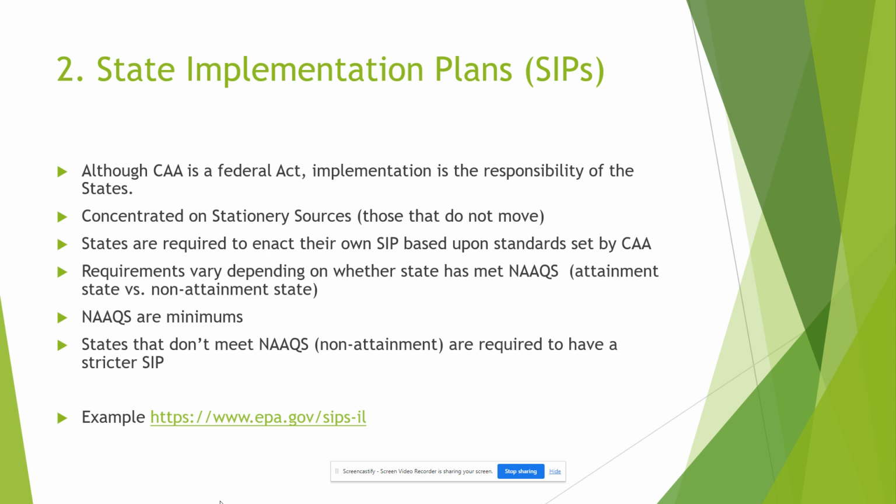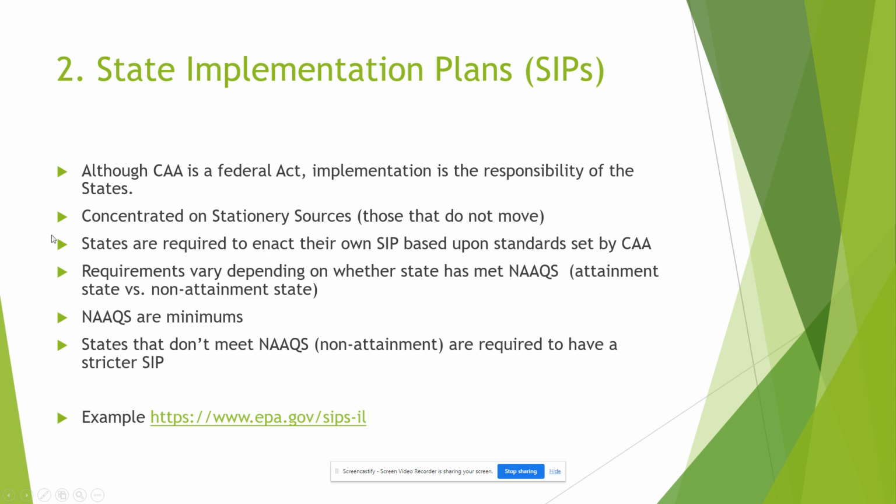So if you remember back to our first slide or so, we talked about how Congress found that regulating air pollution is the responsibility of the state. So what happens? The EPA sets the standards, and implementing and meeting these standards is the responsibility of the states.